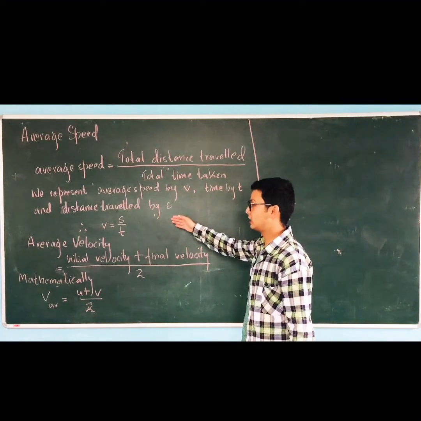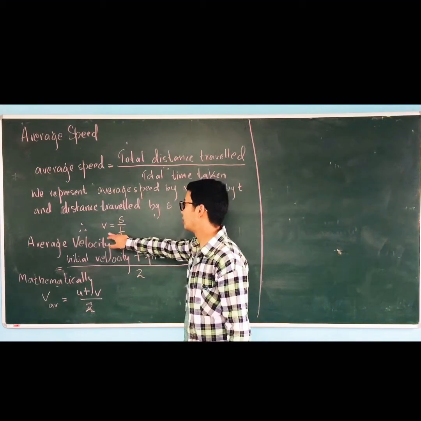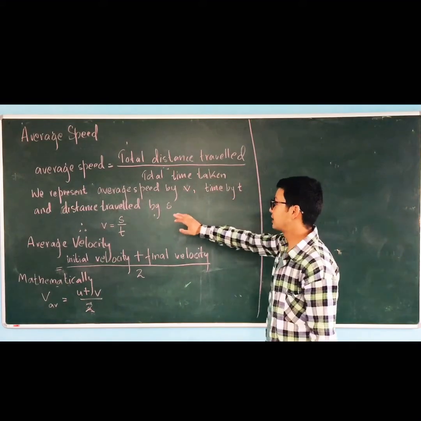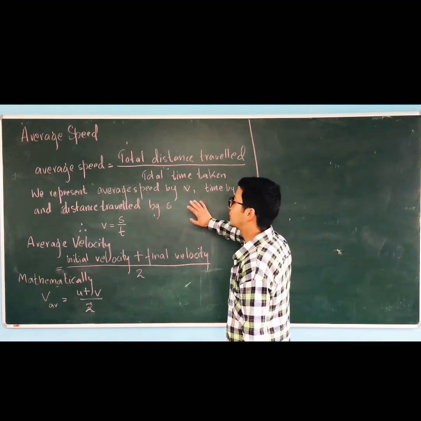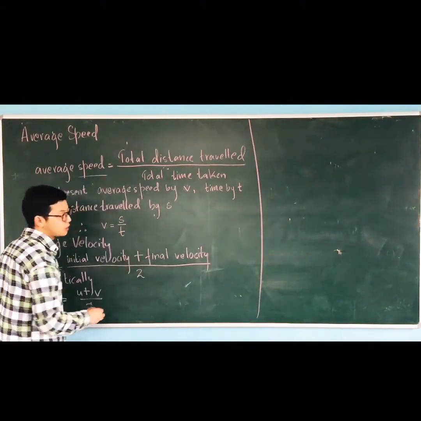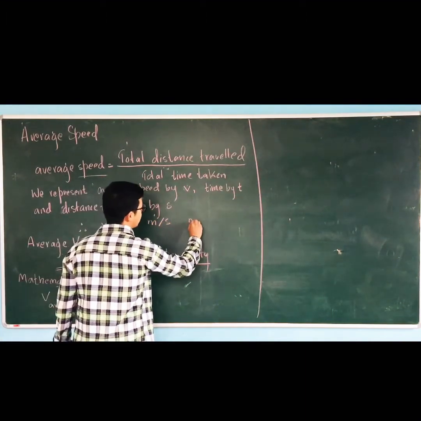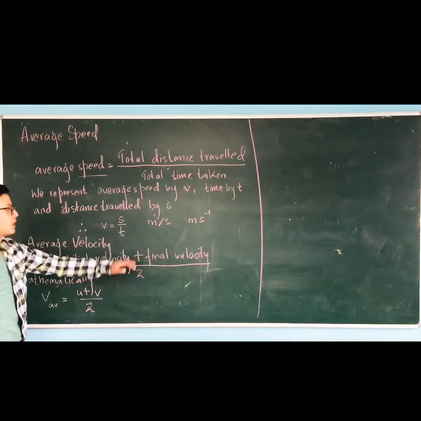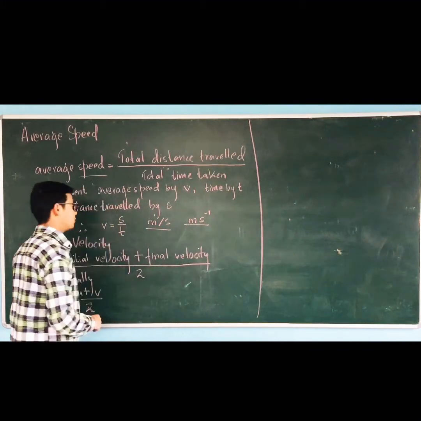Mathematically it can be represented as V equals S by T, where V is average speed, time taken is represented by T and the distance traveled is represented by S. Since it is speed, the SI unit will always be meter per second, or you can write it as m s to the power minus 1. You can write in whichever way you want, both are correct.